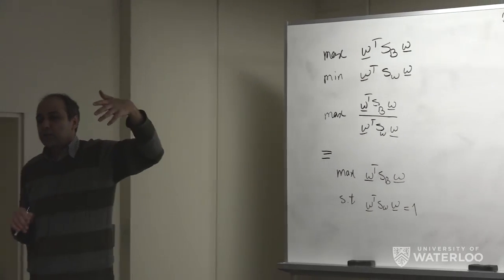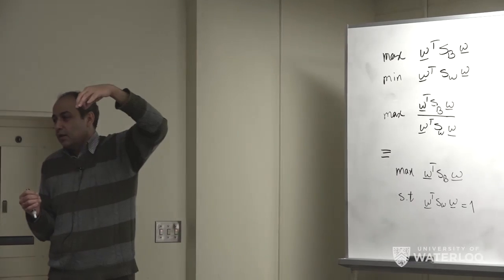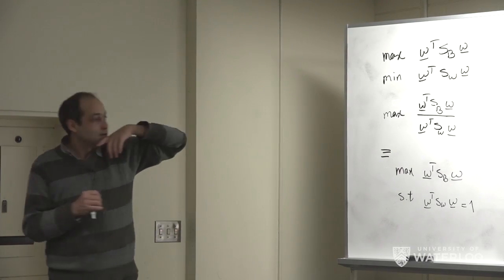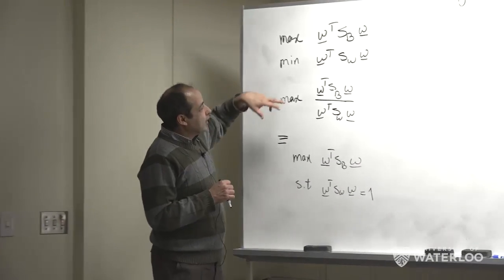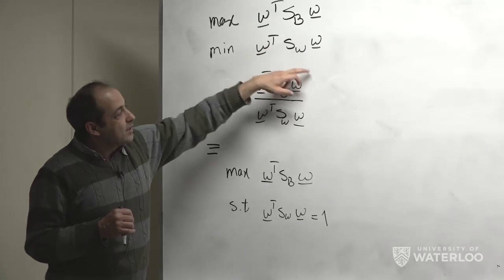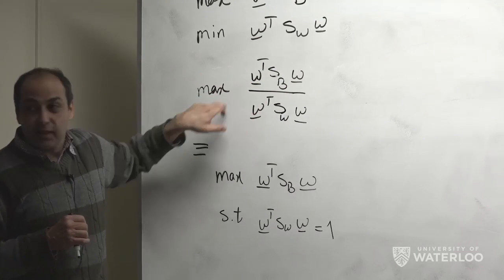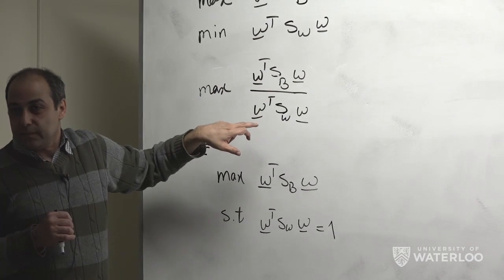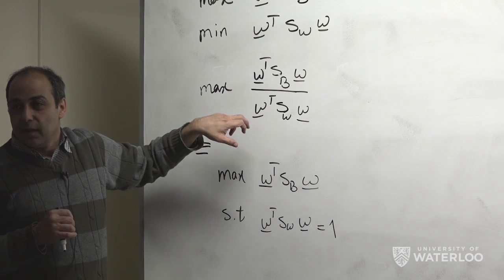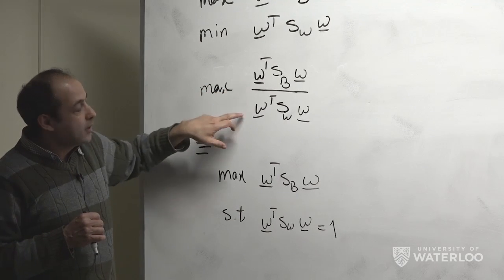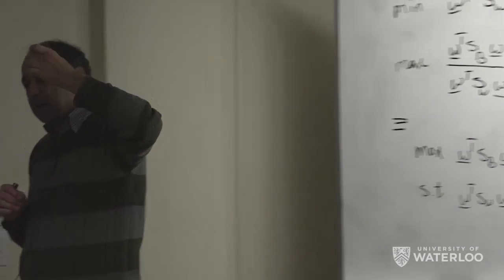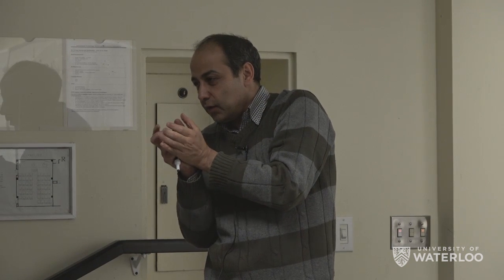Intuitively, it makes sense. You have a ratio which you want to maximize, so you maximize this quantity and minimize this quantity. So instead, let's fix the denominator and try to just maximize this quantity.